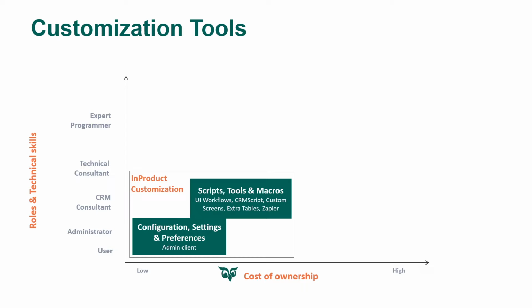We can also extend the SuperOffice functionality with automations and workflows using CRM scripts and macros. We can customize screens and layouts. These customizations are also done in SuperOffice, but usually you need some in-depth product knowledge, or you can book a CRM or technical consultant to set this up for you.